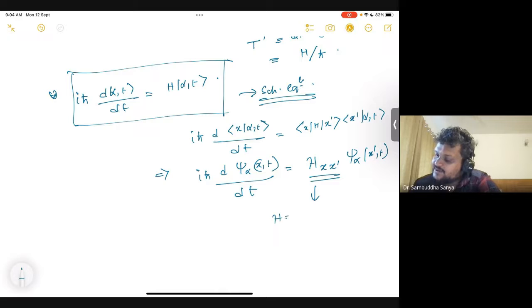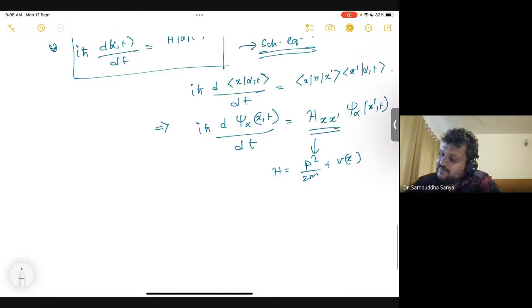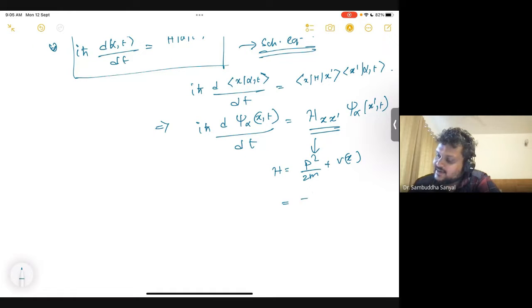And H x x prime usually, for a mechanical system, the Hamiltonian is of this form, p square by 2m plus V x, and we have already discussed that p is minus i h bar del x. So H x x prime is nothing but this operator with del x x prime.